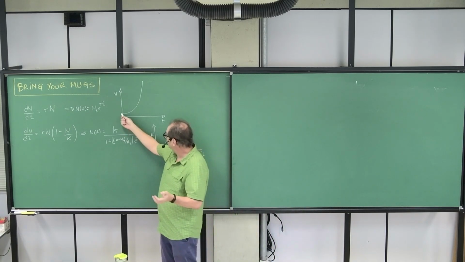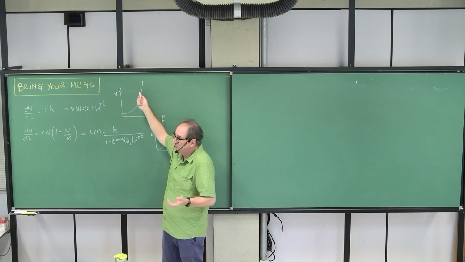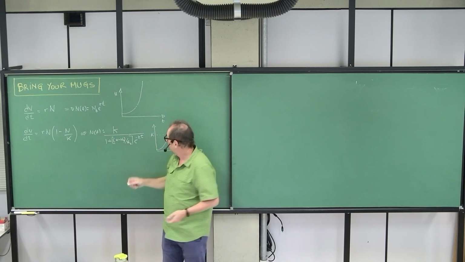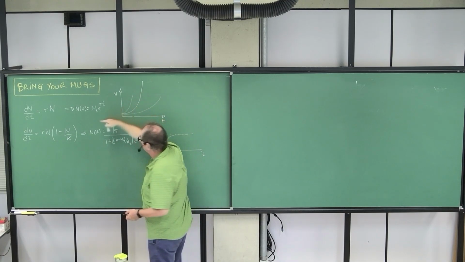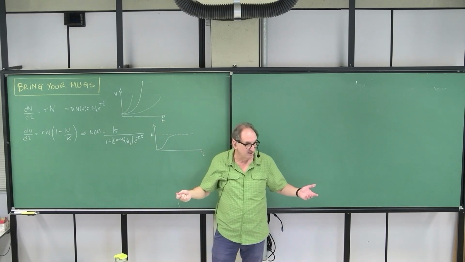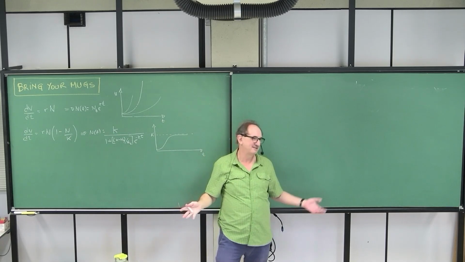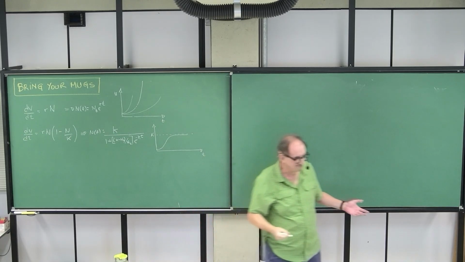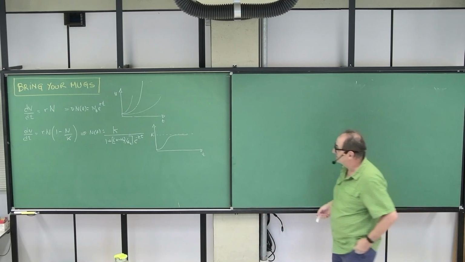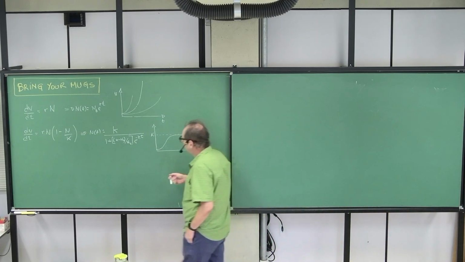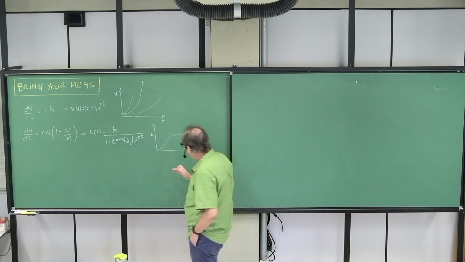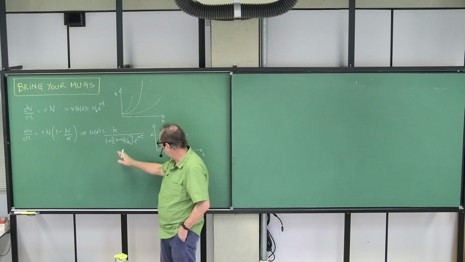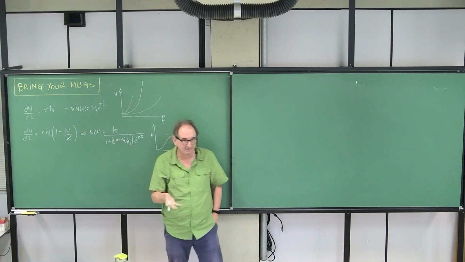They start at N0 and increase exponentially. Maybe they can increase slower or faster, depending on the value of r. But essentially, it's always the same thing. And the same is true for the logistic equation. So again, I would have to put N0, r, and K in order to make a plot.